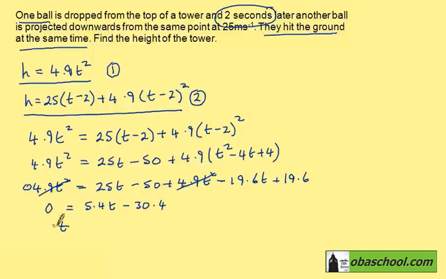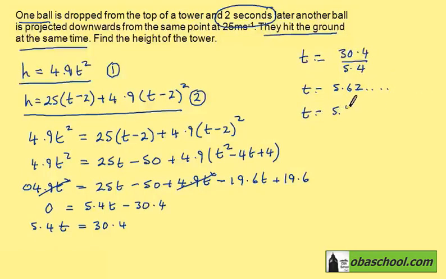So t, 5.4t, is equal to 30.4, giving us that t is 30.4 divided by 5.4. Calculating this gives us 5.62 and so on. So t is 5.63 seconds, correct to 3 significant figures.